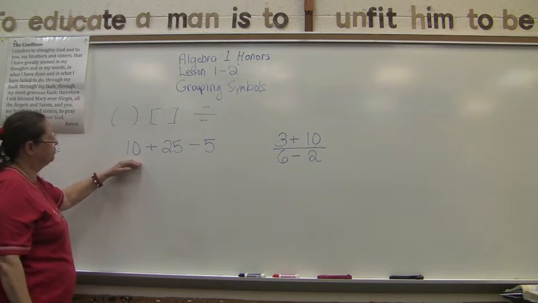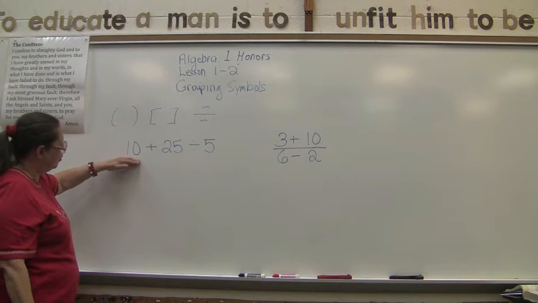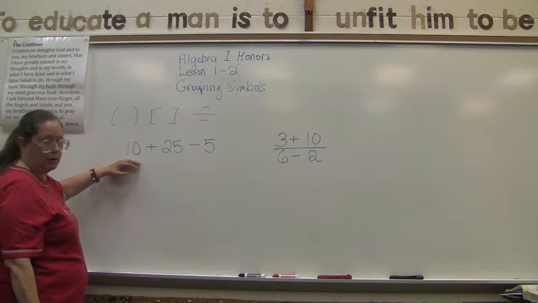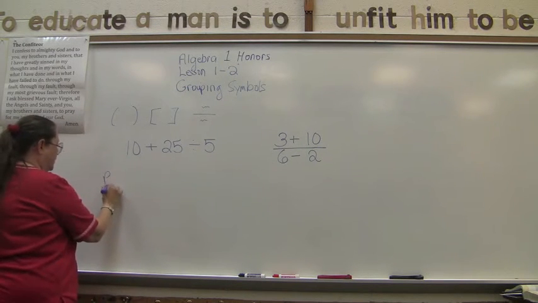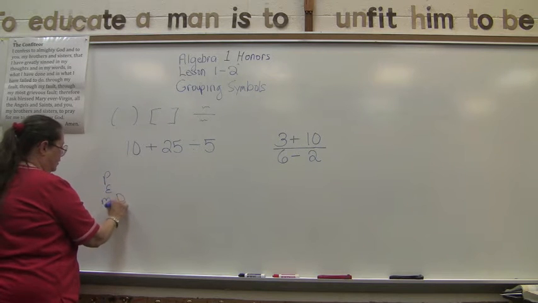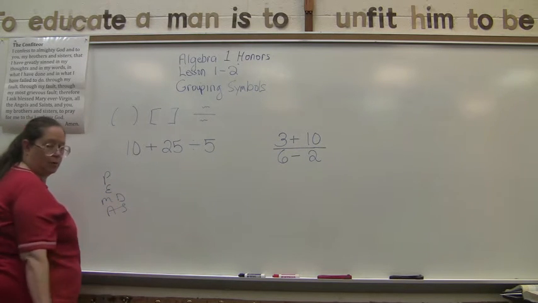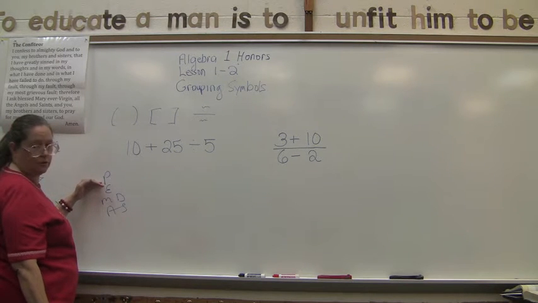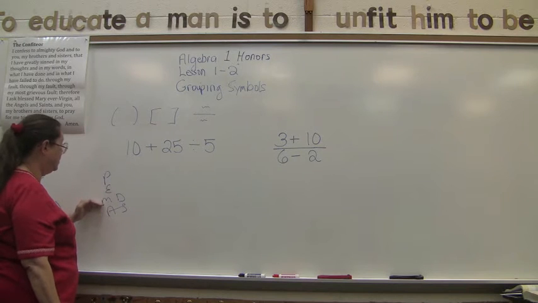Now, if you look here, without any grouping symbols, following our Please Excuse My Dear Aunt Sally order of operations rule, I would first look for parentheses, there aren't any. No exponents, no little floating numbers up there.